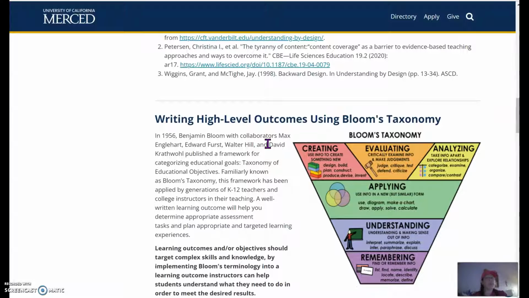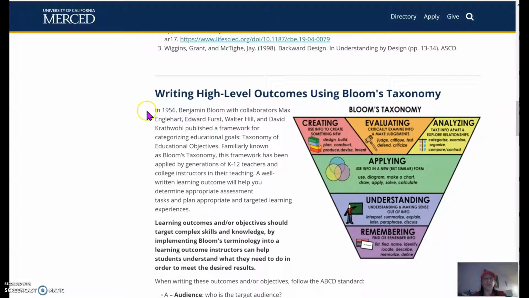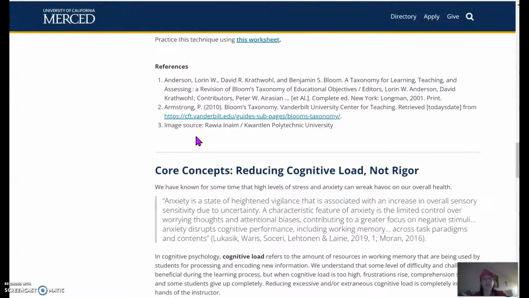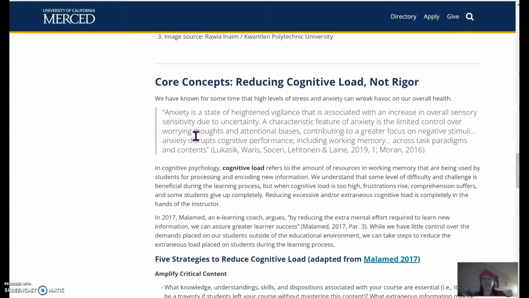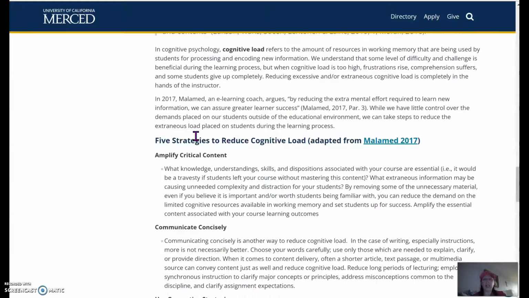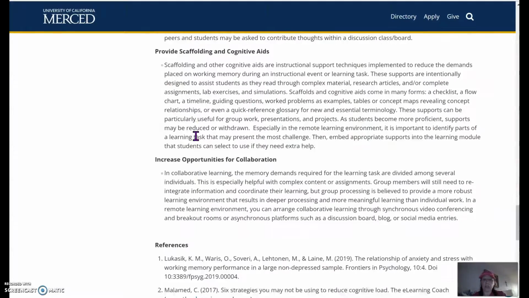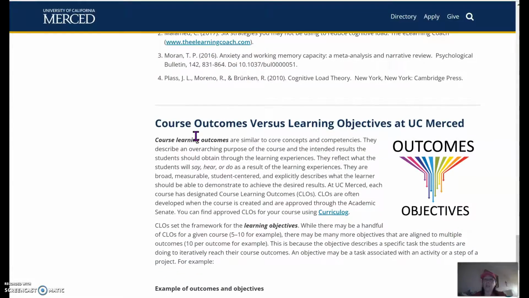What I also found good about this article is that it goes into how to write those high-level outcomes. So that step 1 piece, thinking about Bloom's taxonomy, and then it goes even more into cognitive load and rigor, which I found to be interesting because that's something we had discussed earlier on in the unit.